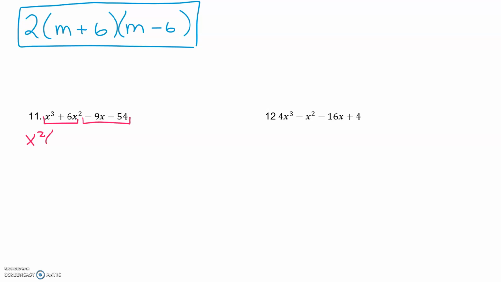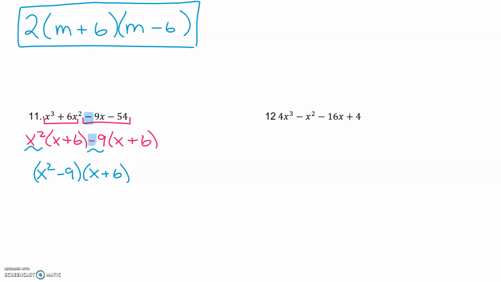So x squared, leaving us with x plus 6. Then here, don't forget, we have to include this negative when we factor out that GCF. So negative 9, leaving us with x plus 6. Okay, that sign changes for that 54 because of the minus that we factored out. Now we're going to regroup. So regroup our GCFs together, x squared minus 9, and then the factor of x plus 6. We only write that once.